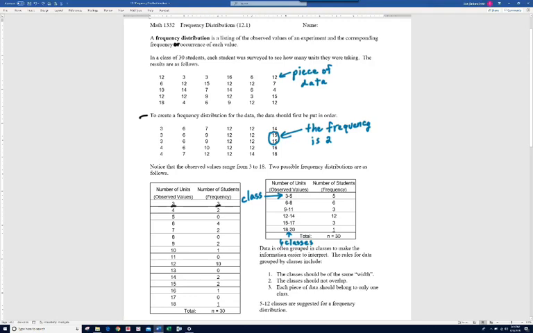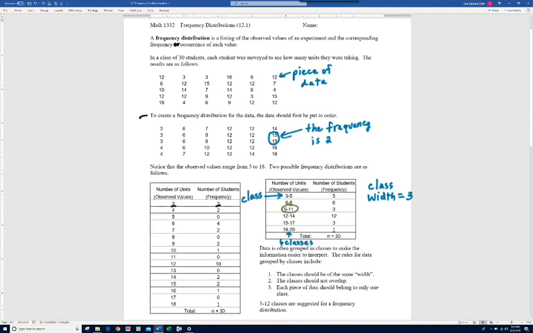One thing you should notice about each class is that they have the same width, which is 3. In other words, each class has 3 numbers in it: 3, 4, 5, 6, 7, 8, and so on. That's what we call the class width. So again, there are 6 classes, each with a width of 3.